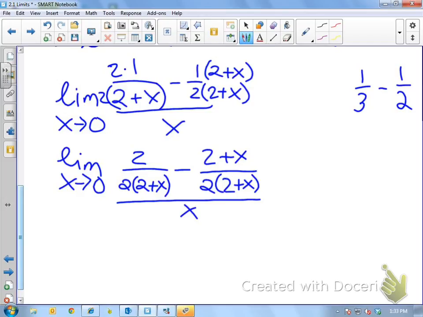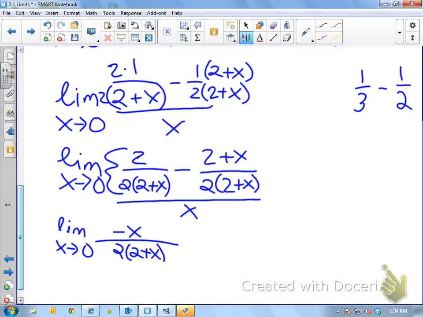So now we can actually do the subtraction in the numerator part. We would have 2 minus 2, which is 0, but we also have the minus x, so we get, I always do that. I don't know why I want limit to have a line underneath. So we get negative x over 2 times 2 plus x, over x again.